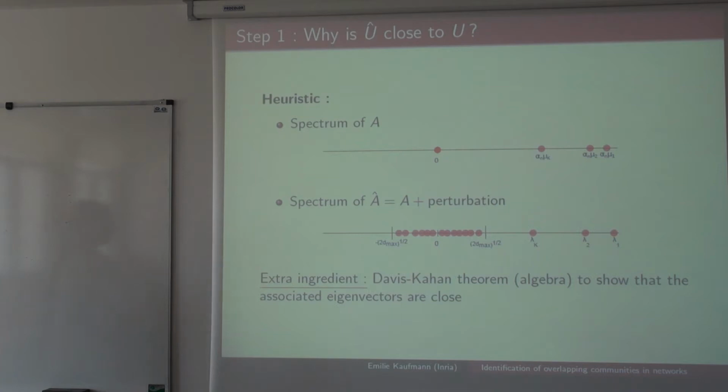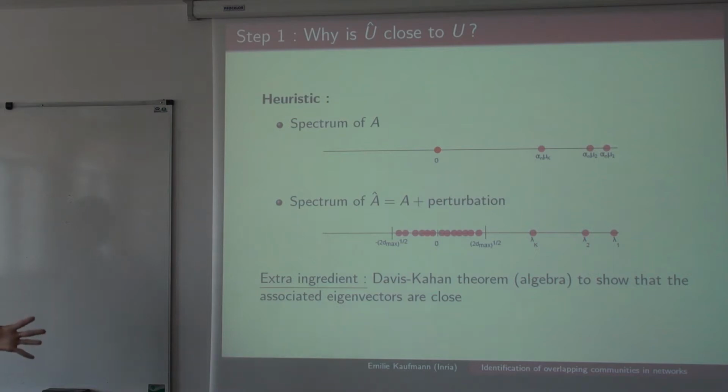And then using some extra tools from algebra, knowing that these eigenvalues are separated from the rest, using what is called the Davis-Kahan theorem, you can go from the closeness of eigenvalues to the closeness of eigenvectors, which is non-trivial to analyze in general.